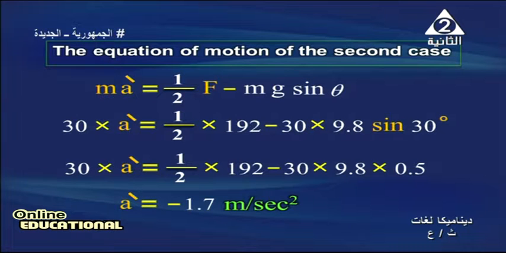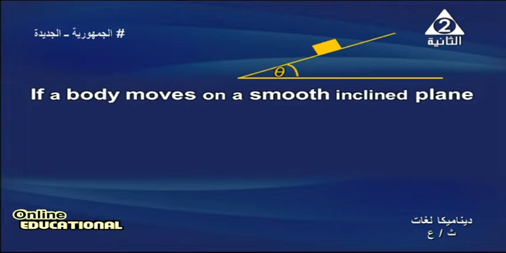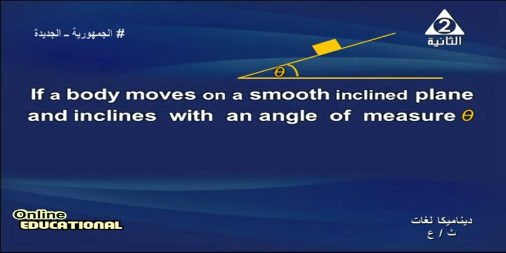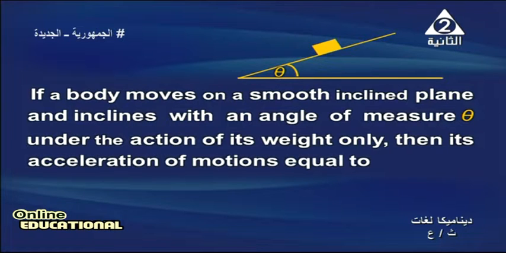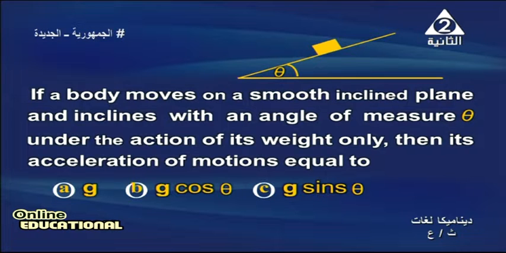Another example. If a body moves on a smooth inclined plane inclined with an angle of measure theta under the action of its weight only, then its acceleration of motion equals g cosine theta, g sine theta, or 0.